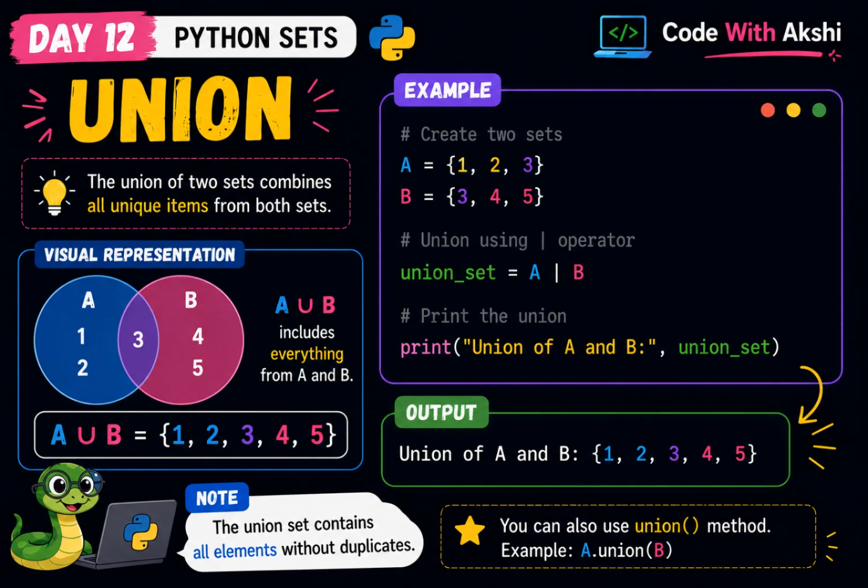For example, set A has apple, banana, orange and set B has apple, cherry, strawberry. Even though apple appears two times, the union will only give unique elements. It will combine all the unique elements from both sets. So whenever you want everything from both sets together, union is a perfect choice.